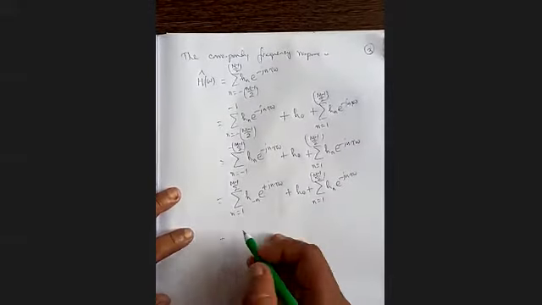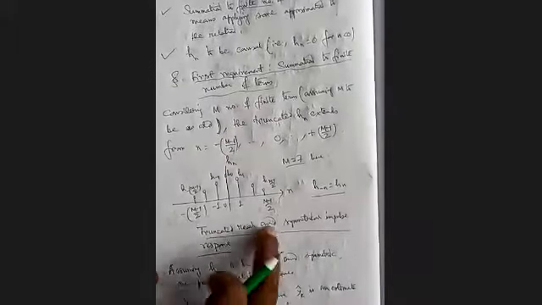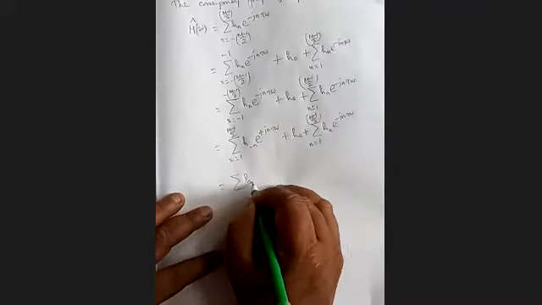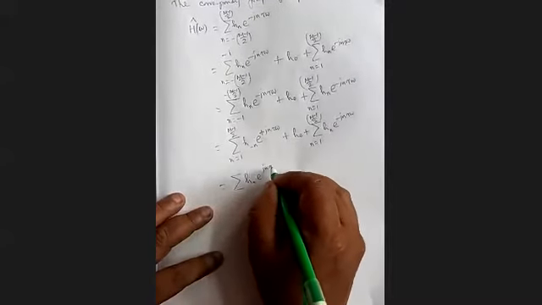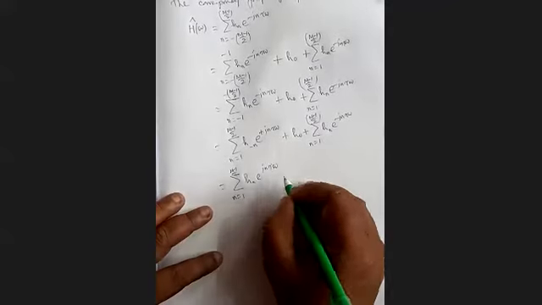Here we can apply our symmetry property, that is h minus n equals h_n. So the same thing here: the summation of h_n e to the power j n tau omega. The rest of the part is the same.